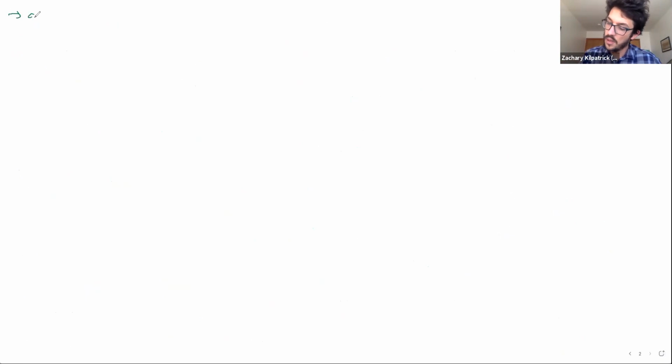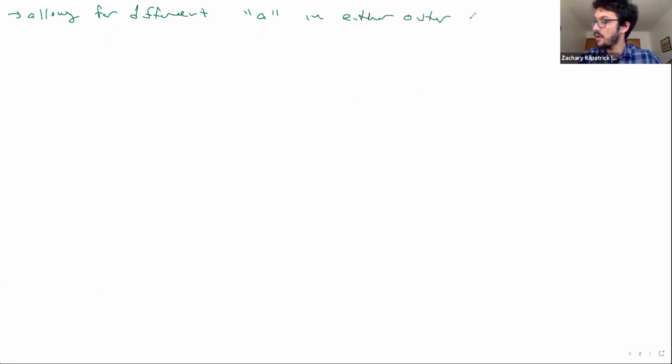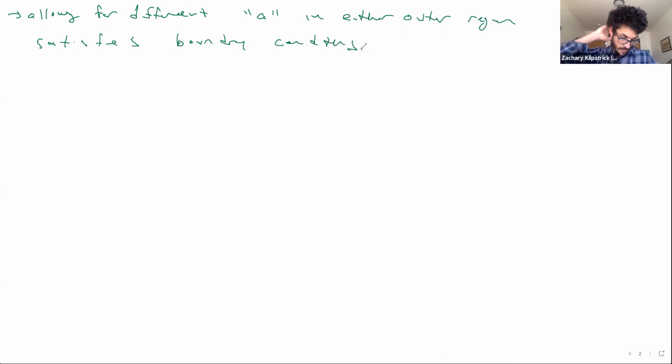So allowing for different a in either outer region basically satisfies our boundary conditions, okay? So we'll get back to that later, but for now, let's focus on the interior layer, okay?